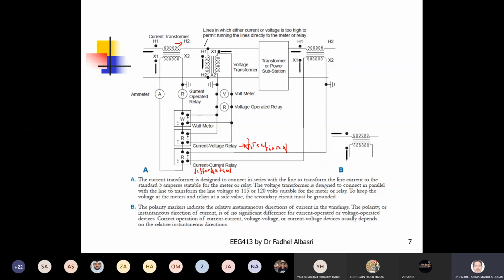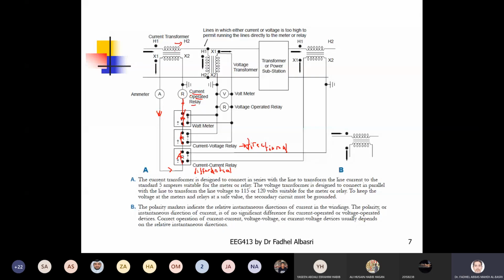I have relays that require only current. So this current goes to the relay current winding, and goes to this relay also that requires only current.